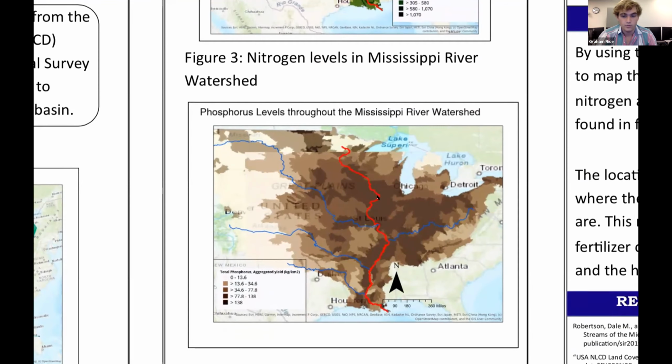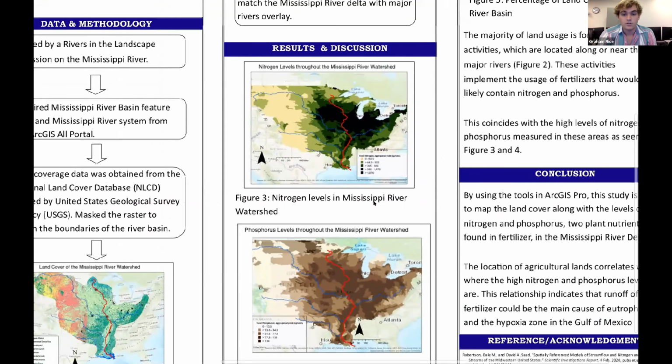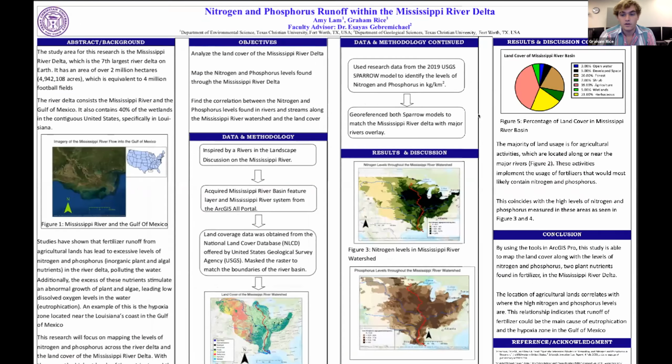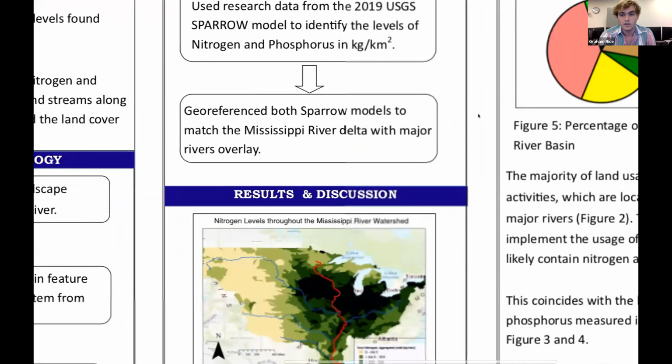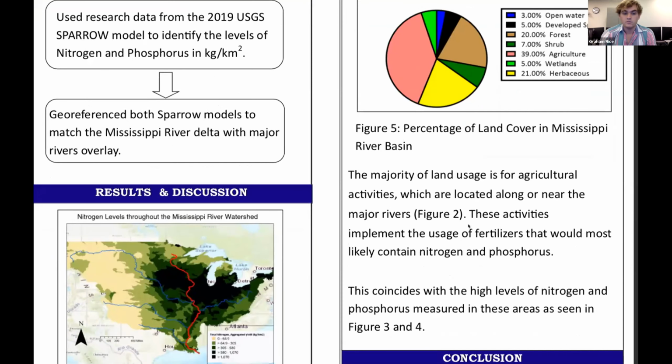We can attribute that to the fact that, if I zoom into the land cover percentage as well, there are a lot of farms and agricultural areas right around the river basin.